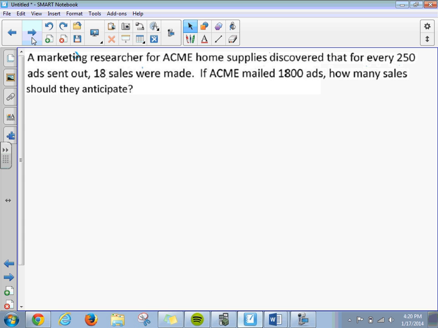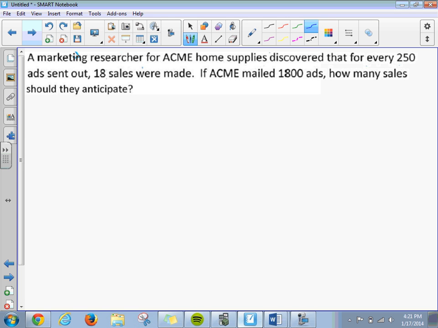Then it says that a marketing research team for ACME Home Supplies discovered that for every 250 ads sent out, 18 sales were made. So if Acme ordered 1,800 ads, how many sales should they anticipate? We're looking at something that's set up as a proportion, so we're going to use our proportional thinking. We're going to take our known information.